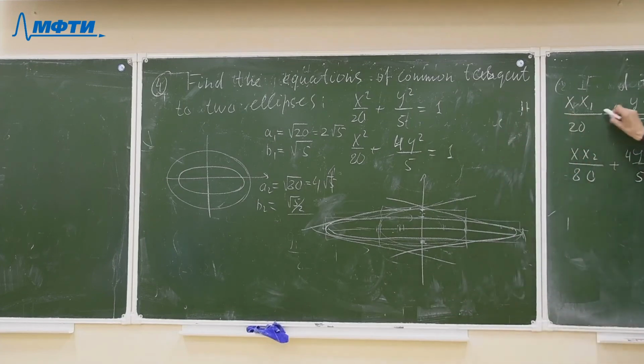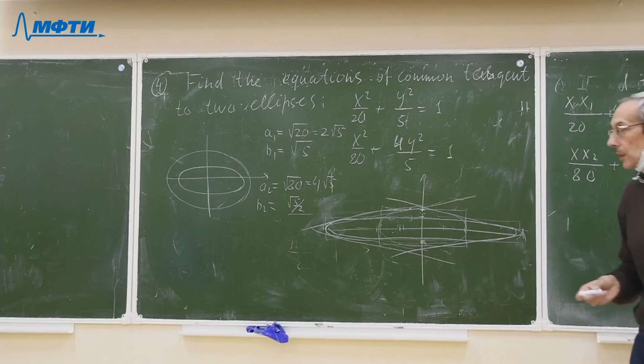The first family has as parameters the coordinates of the point of contact of tangent and curve, and we have the same parameters for the second family.